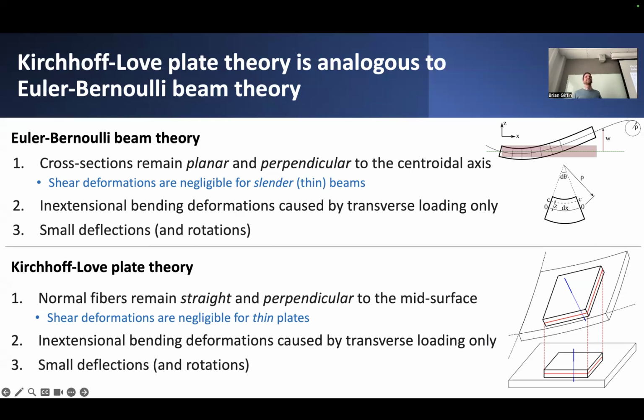Now, there's an analogous theory that applies to plates, which says similar things, but more specific to how plates deform. So if you consider some plate, in analog to how we described the deformation of beams, a beam you can think of as having a neutral axis or a neutral fiber.